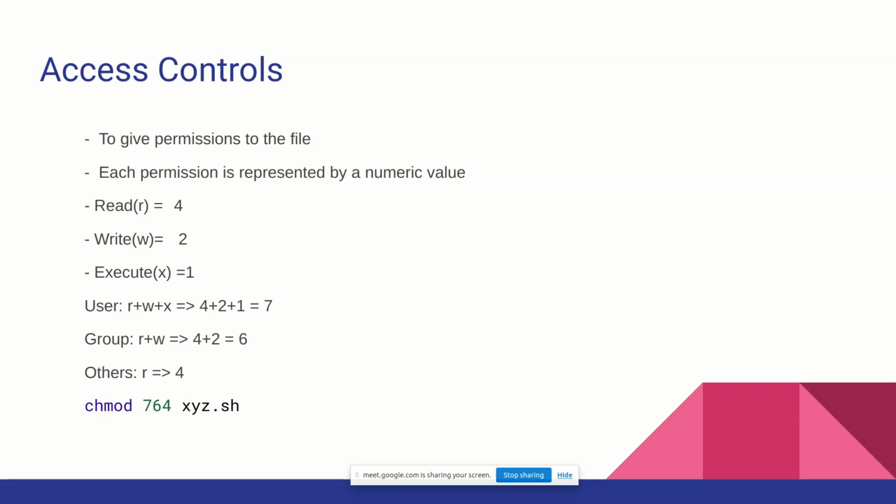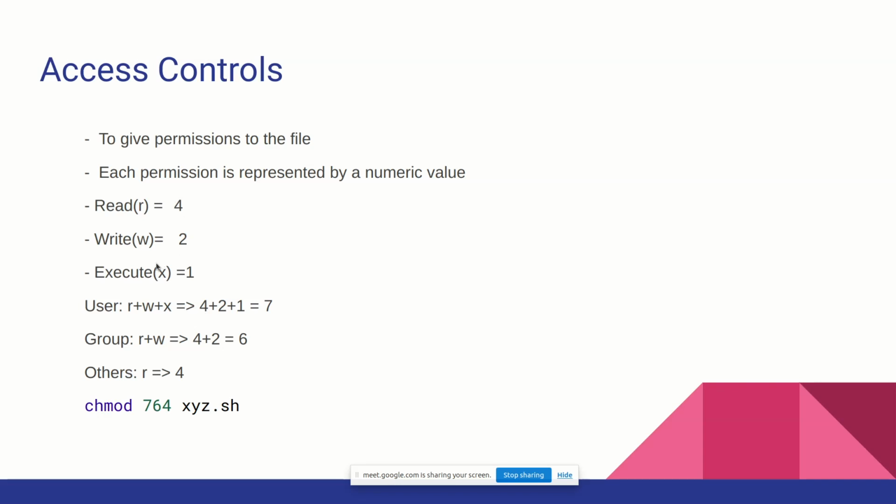For example, for a user, you want to give read, write and execute permission. That means read is 4 plus write is 2 and execute is 1. 4 plus 2 is 6 and then 1 is 7, so it came as 7. For the group, I want to give only read and write permission. That means 4 plus 2, which is 6.